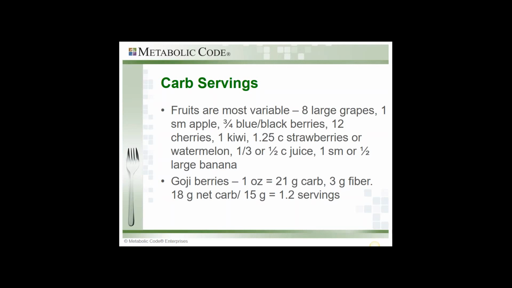Now, this is another point I was going to make. Most people have no clue what 1 ounce is, and it's going to be different for different foods. So I really strongly suggest, to get good at carbohydrate counting and tracking of these high glycemic foods, get a food scale. They're easy to find in cooking stores, or even in places like Target.